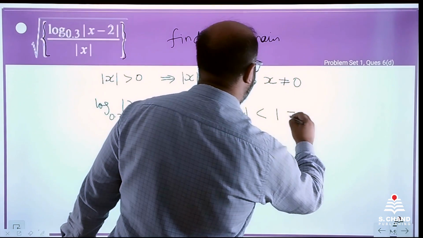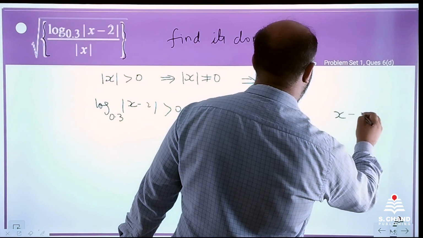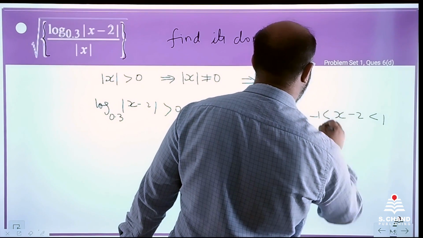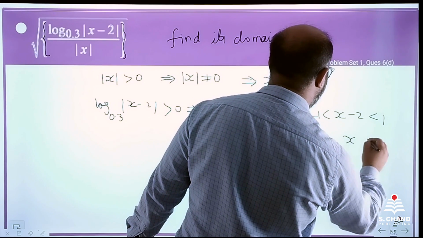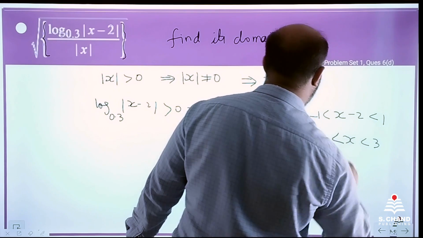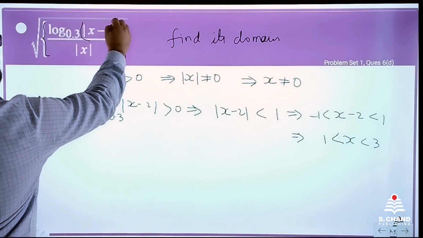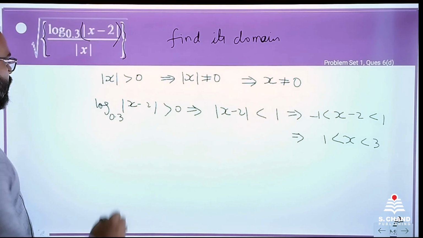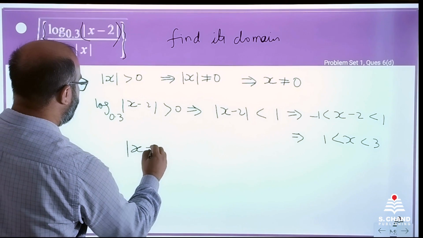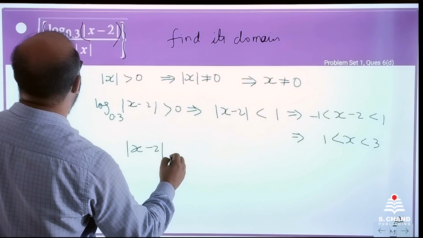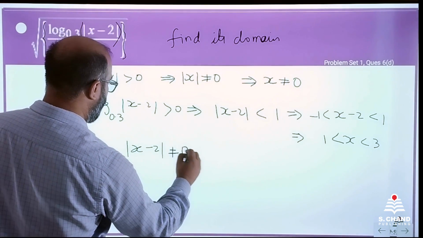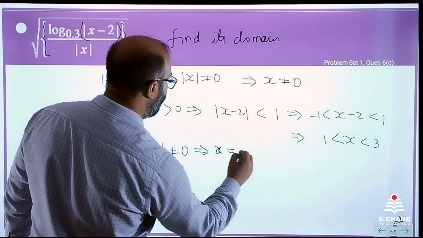So this will become x minus 2 between 1 and minus 1, or you can say x is between 3 and 1. What else you have to keep in mind is that this value, which is the input of log, cannot be equal to 0. So x is not equal to 2.